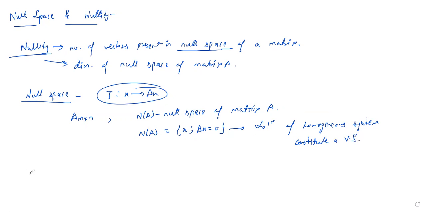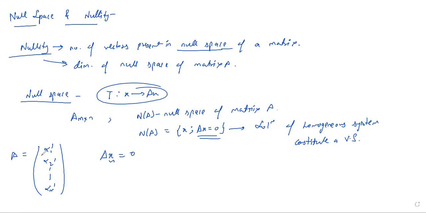Now let's write my matrix A with rows alpha 1, alpha 2 to alpha m. This is my matrix A, and I want to find the null space of A. Then I can write Ax equals 0, where x is any row vector.